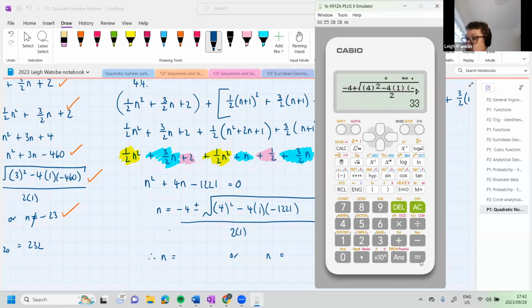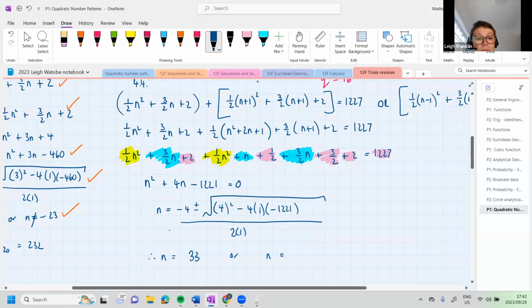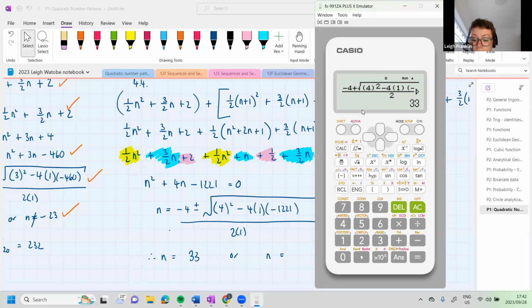So that gives us 33. Cool. And of course, if we go back and we change this, then I should get the same answer as you guys, which is the -37.